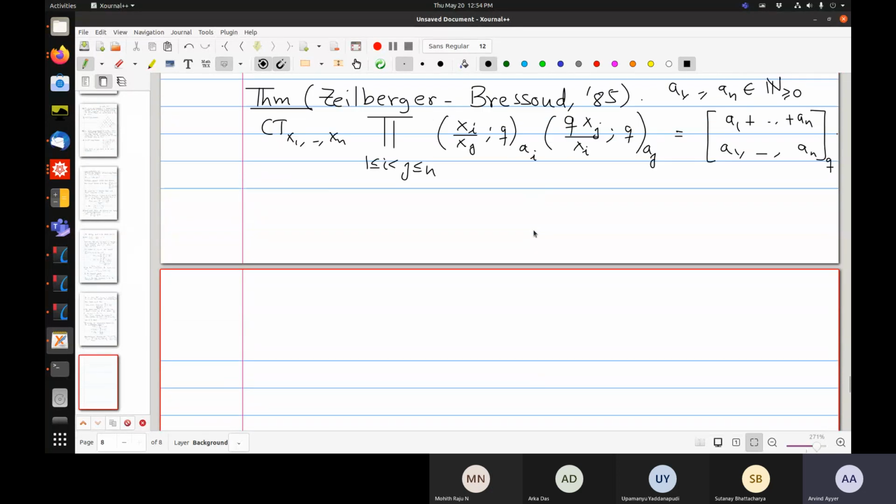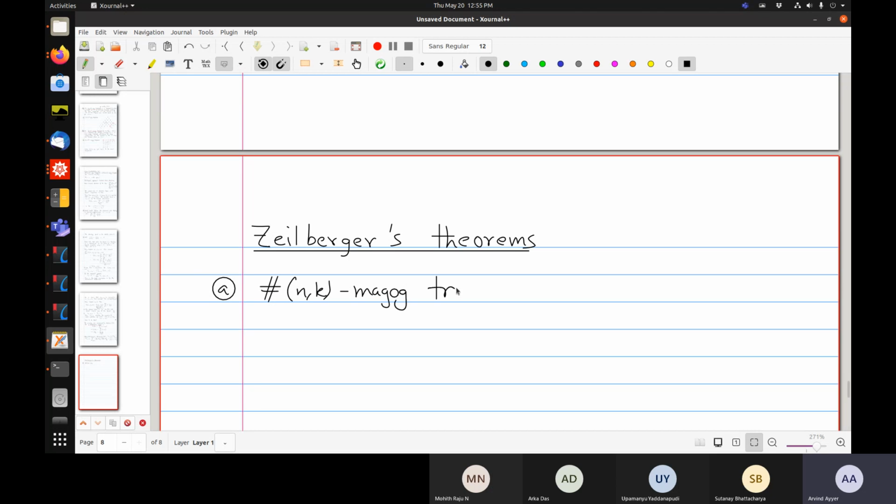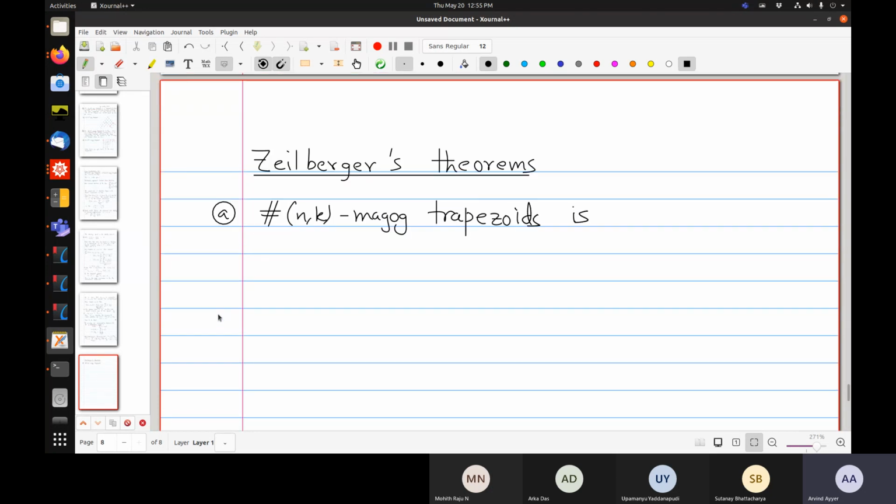So let me state Zeilberger's theorem. I'll state it in 3 parts. These are 3 different theorems. The first one is that the number of n,k gog trapezoids, I should be able to finish stating this in the rest of today's class, is the following massive constant term identity.